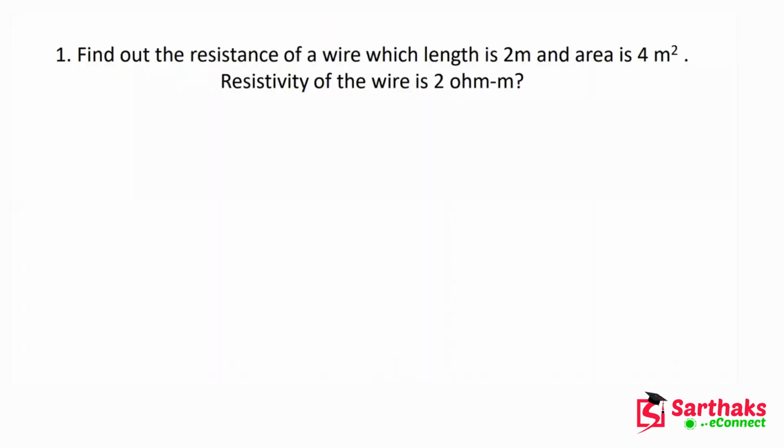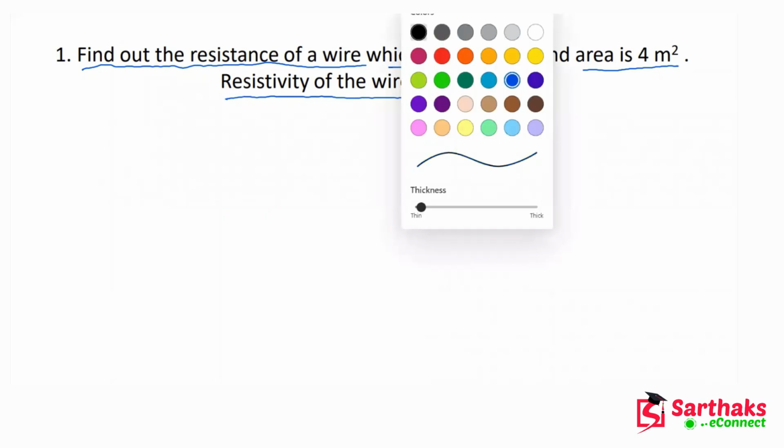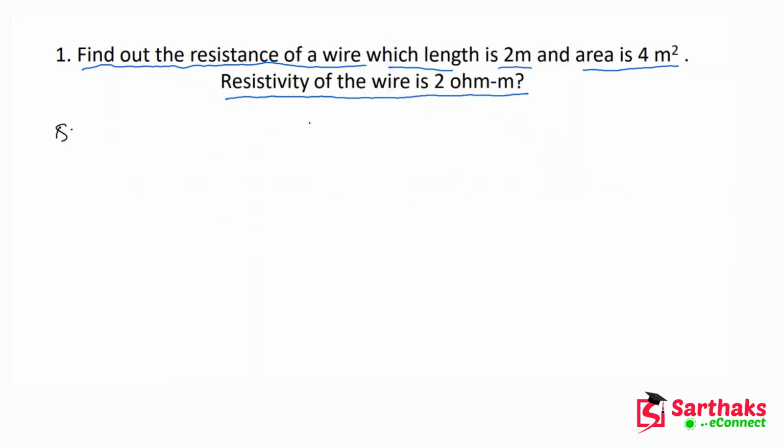So guys, in this slide, we will discuss this question. First of all, let me read it for you. Find out the resistance of a wire whose length is 2 meter and area is 4 meter square. Resistivity of the wire is 2 ohm meter. So this is the question which has been given.